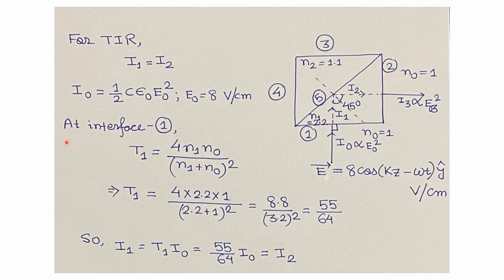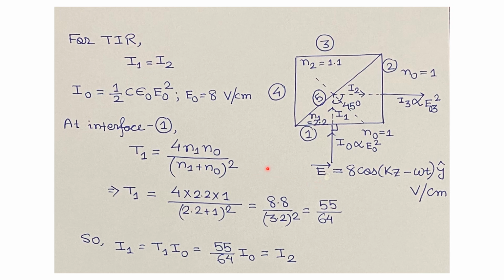Now at interface 1, we'll apply the Fresnel equation for transmittance. As the EM wave is propagating along the z cap direction and the electric field vector is along the y cap direction, it is an EM wave with in-plane polarization.